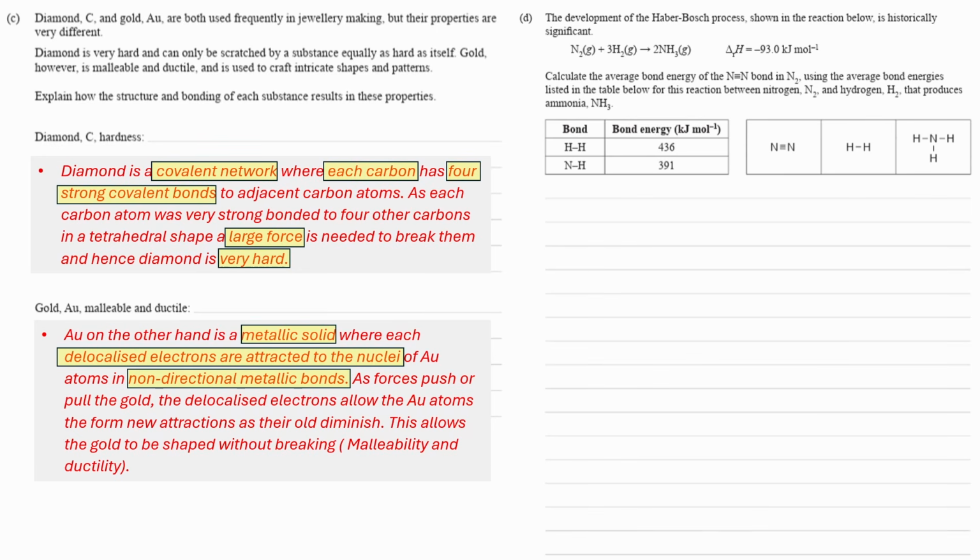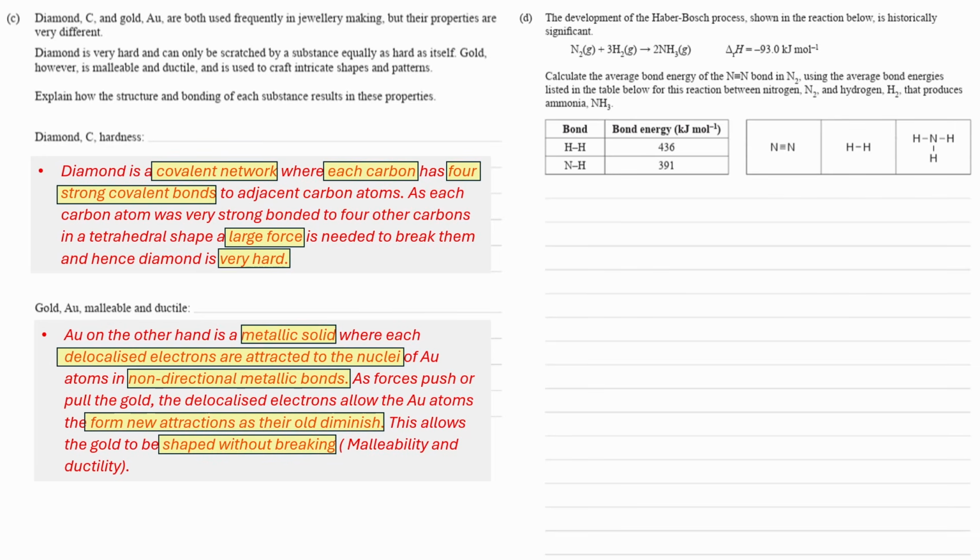As forces push or pull the gold, the delocalized electrons allow the atoms to form new attractions as their old ones diminish. So the atoms can push past while diminishing their attractions to the electrons and forming new attractions to new electrons. This allows gold to be shaped without breaking.